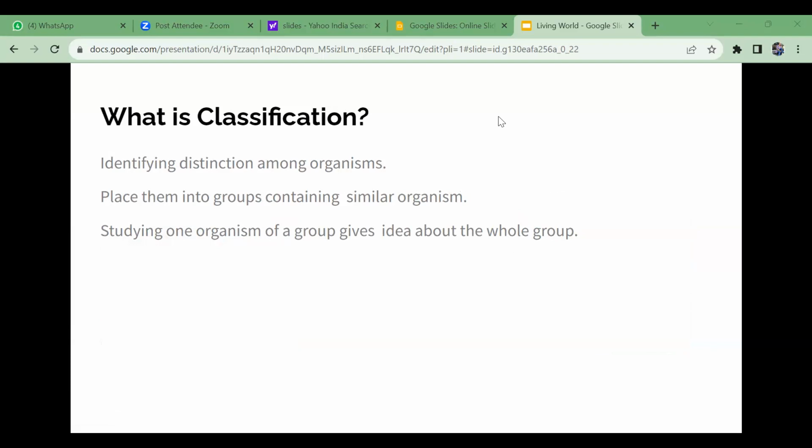Now suppose animal kingdom and plant kingdom is done, and I found a plant that looks exactly like moss. So I know the characteristics of moss, and I will directly place it in bryophytes. I won't place it in algae, because it looks like moss, so it should come under bryophyte. So this is the idea of classification. We group and study one organism, because all organisms in the group share the same characters.